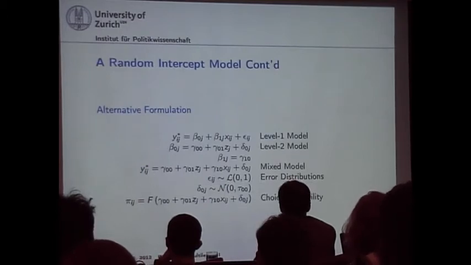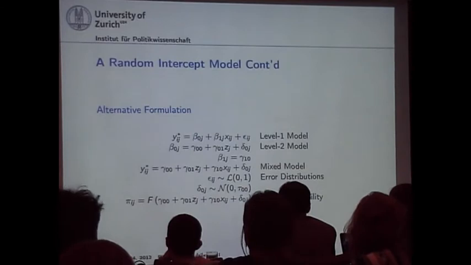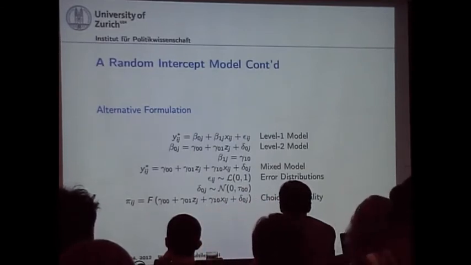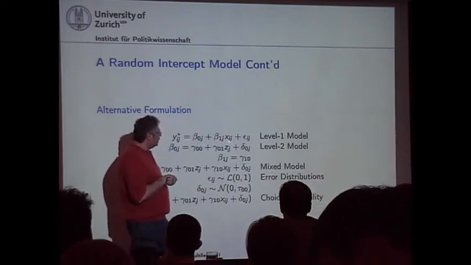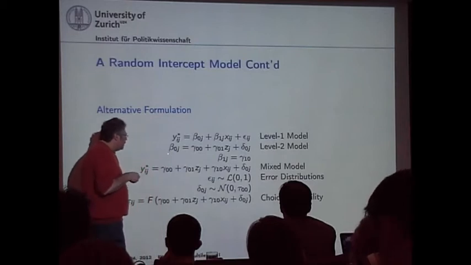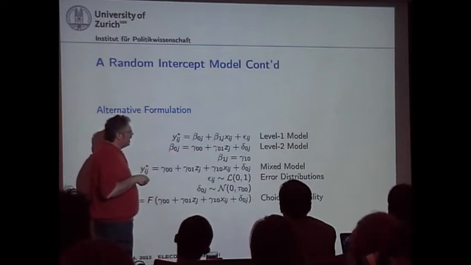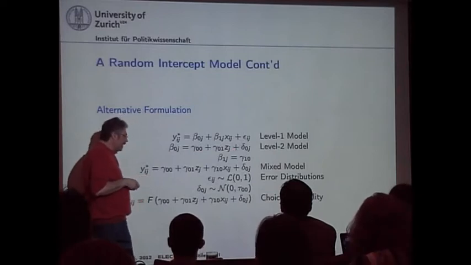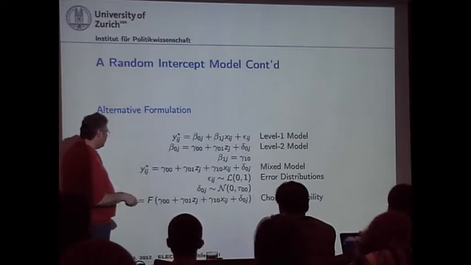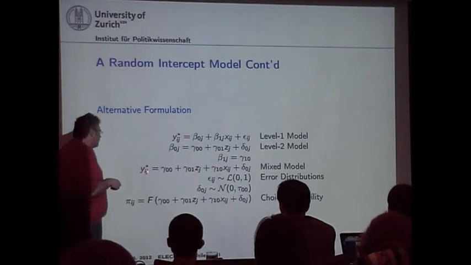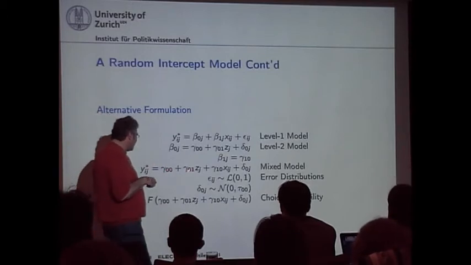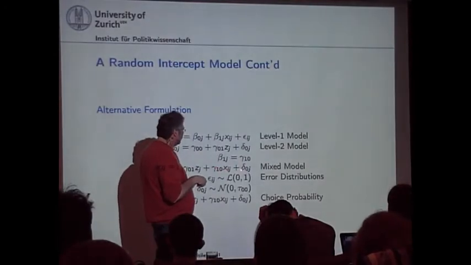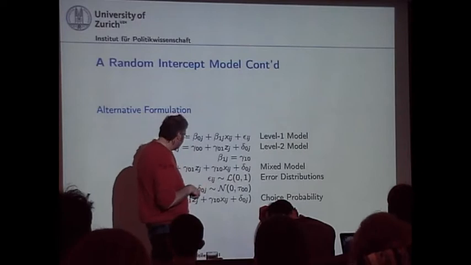Now here's an alternative way using this latent variable approach. We have yij star equals beta 0j plus beta 1j xij plus epsilon ij. Beta 0j is gamma 0,0 plus gamma 0,1 zj plus delta 0j. Beta 1j is gamma 1,0. The mixed model is yij star equals gamma 0,0 plus gamma 0,1 zj plus gamma 1,0 xij plus delta 0j plus epsilon ij.